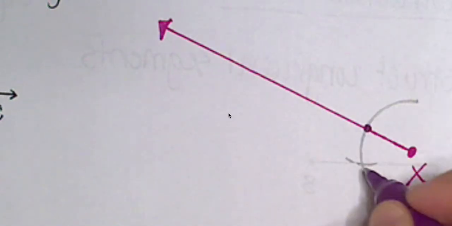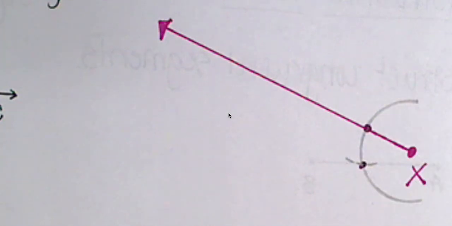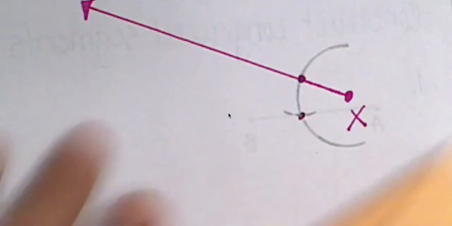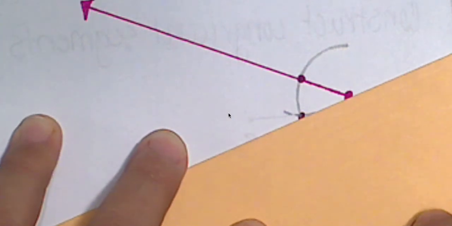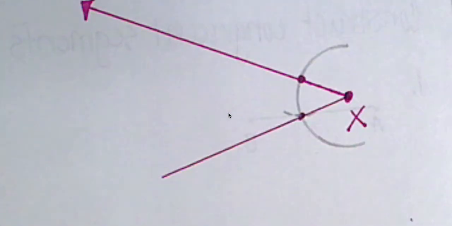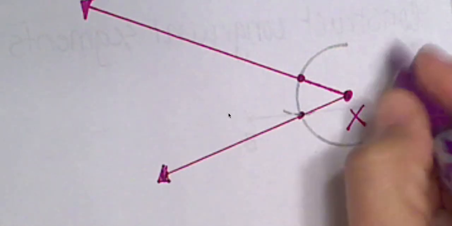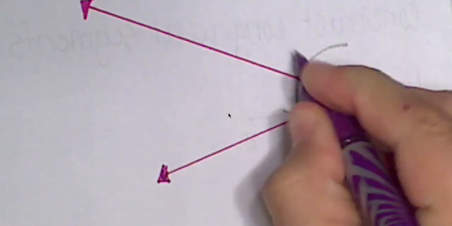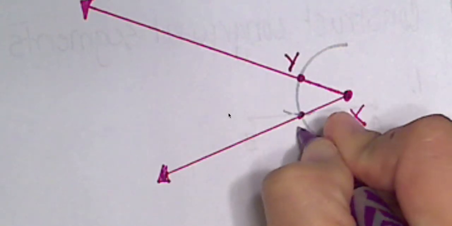I now created another point here, of which I will draw my second ray of my angle that starts at my X and goes through the point that I just created. So now I have angle Y, X, Z.